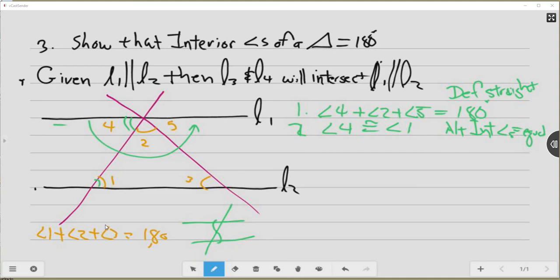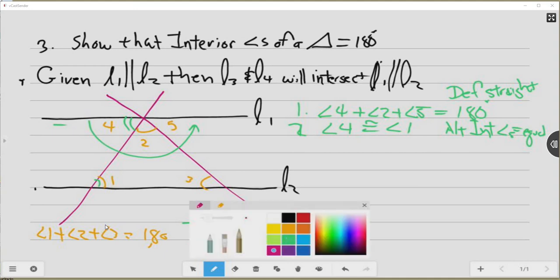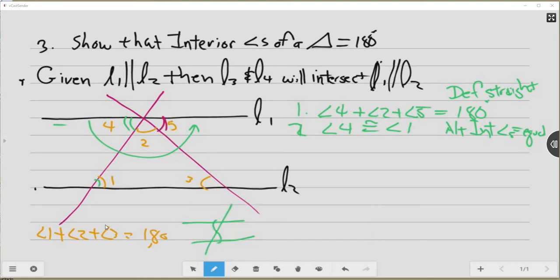Likewise, I'm going to show that this corresponds to this. Why? Yeah, that's Nathan. Good job.